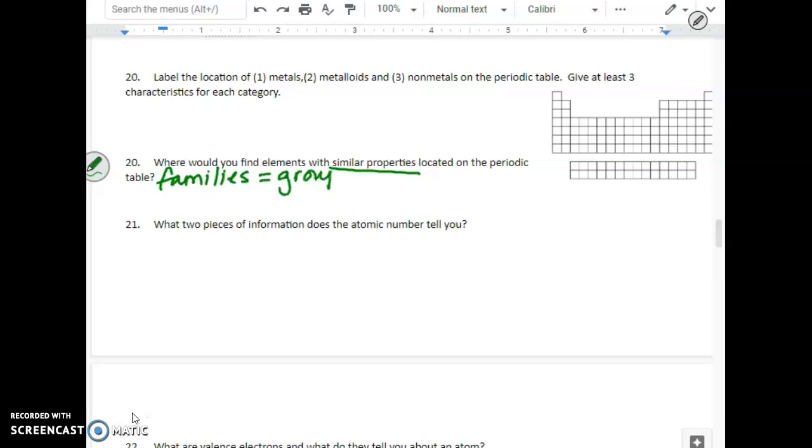So groups share similar characteristics, mostly because of their valence electrons. The fact that they have similar valence electrons makes them have similar properties, such as reactivity.